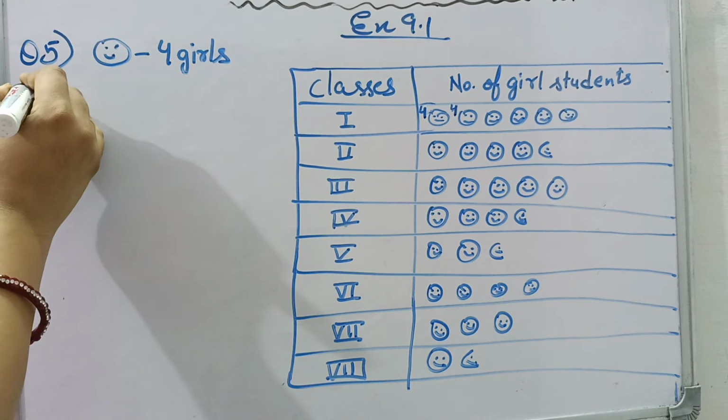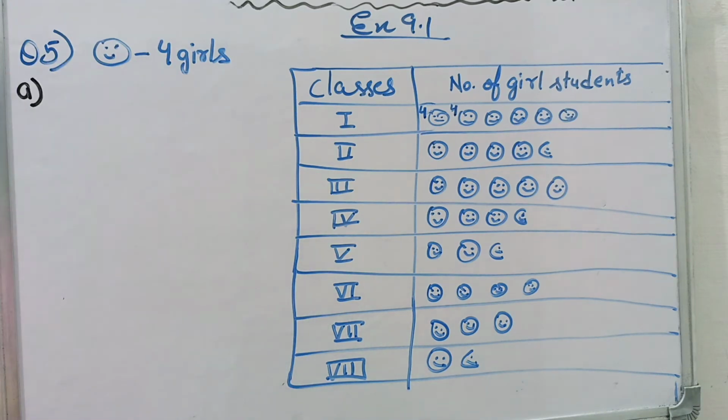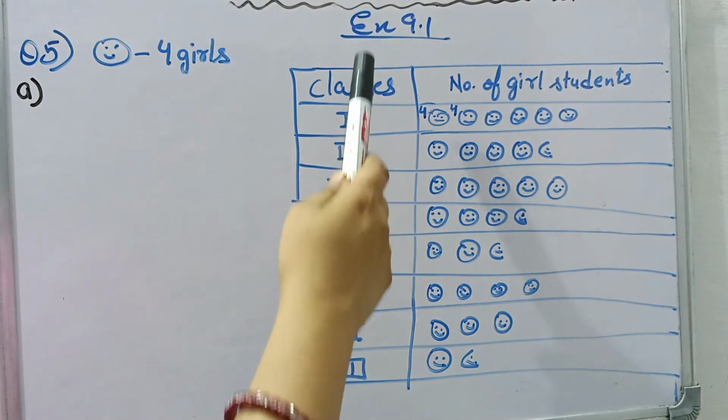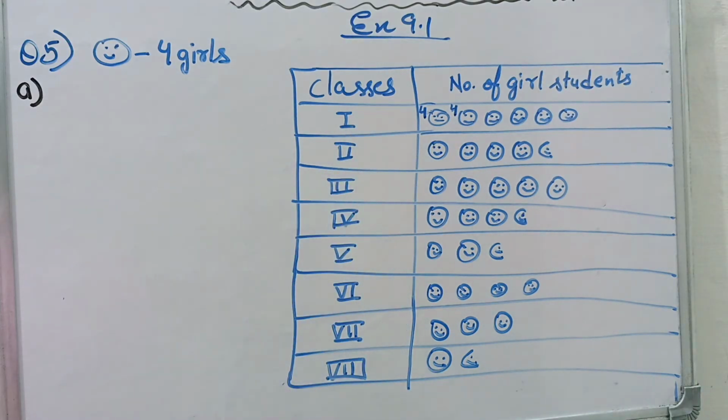It is asking, which class has the minimum number of girl students? Now you have to find out which class has the minimum number of girl students. As we can see, which class is having the minimum number of faces? We can see here there is only one face in class 8 and one is half. So there is only 1.5 faces.